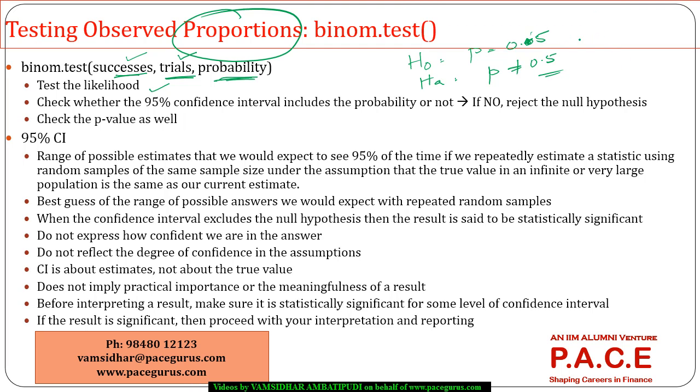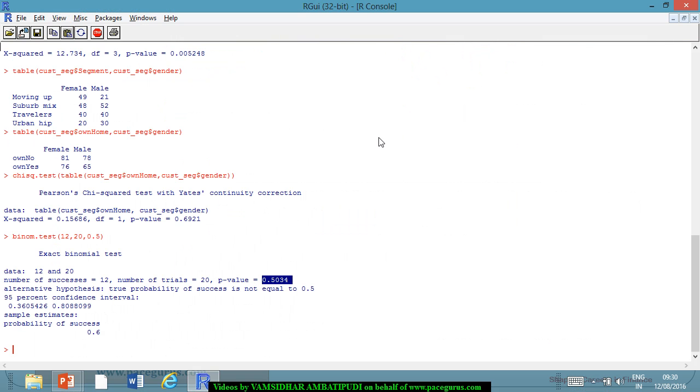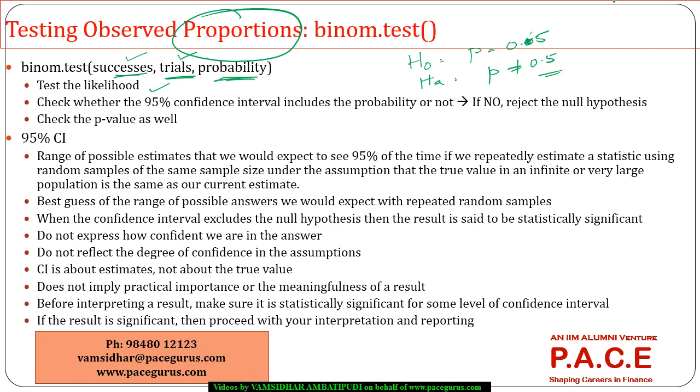Now we have conducted a binomial test, and the p-value has come out as 0.5034. I have to always compare it with 5%. It is greater than that, so I take my decision in favor of the null hypothesis. Wherever my p-value is greater than 0.05, my decision will be in favor of the null hypothesis.